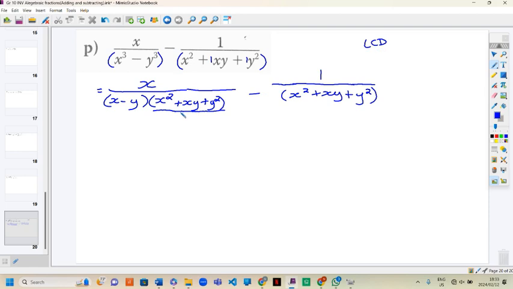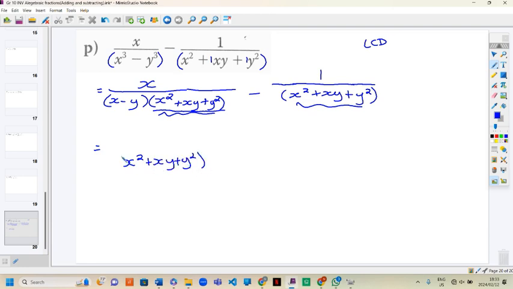I see this bracket and this bracket are common. If I find something common, I always take down the highest power. I'm going to have x squared plus xy plus y squared.